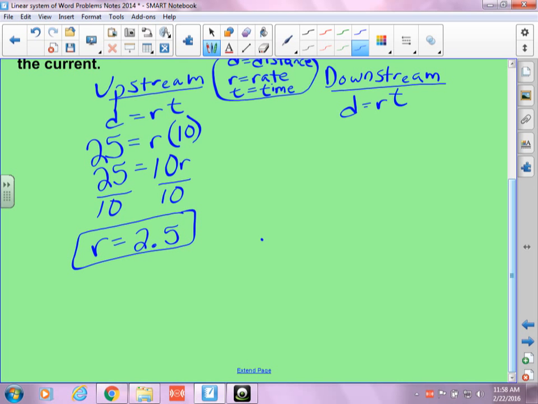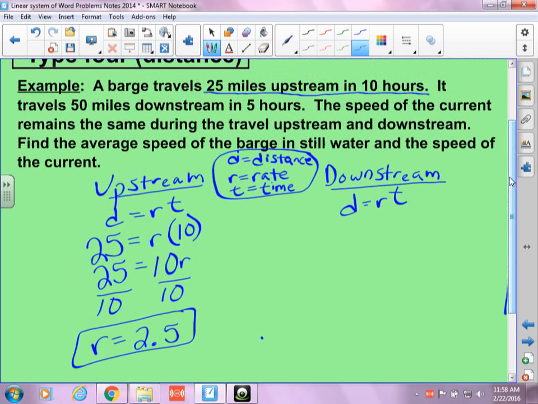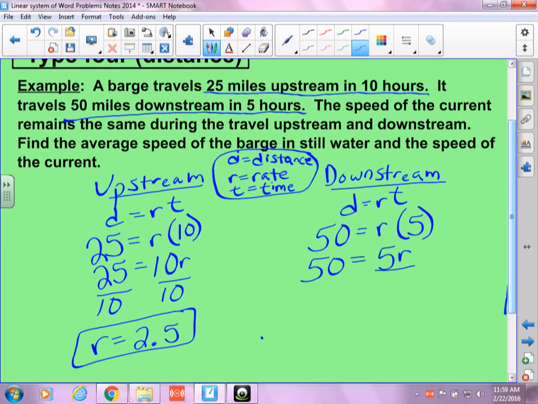Questions on this? Okay, then I'm going to come back up and look at downstream. It says it travels 50 miles downstream in 5 hours. So what do I put in for D? 50 equals R times 5. And then, like we mentioned before, I can multiply it, so I get 5R, and then divide by 5.